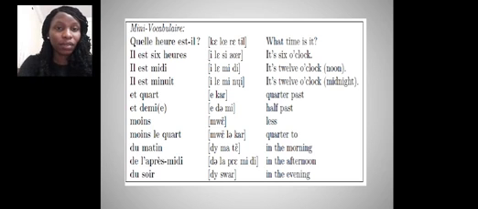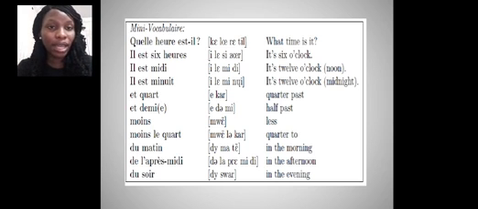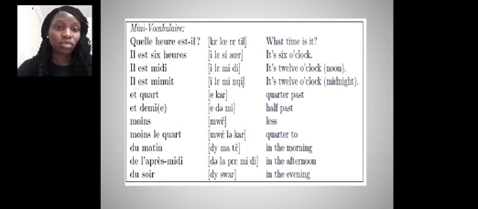Okay. All right. Here we have mini vocabulaire. That is vocabulary to help you learn how to pronounce this or how to read them in French. Now let's take a look. We have quelle heure est-il? If you see the next column there, it shows you how to pronounce each of those words.